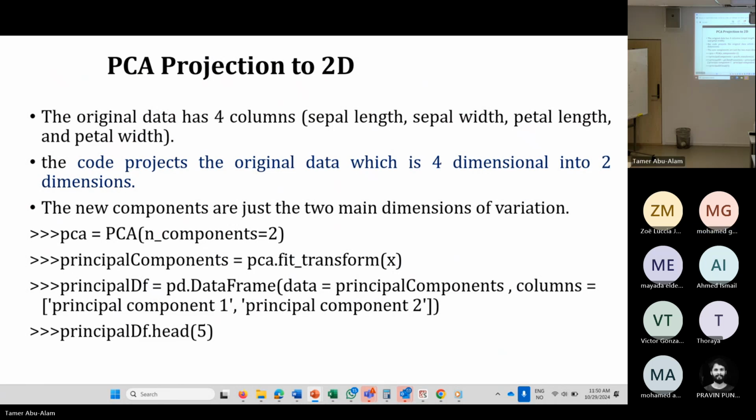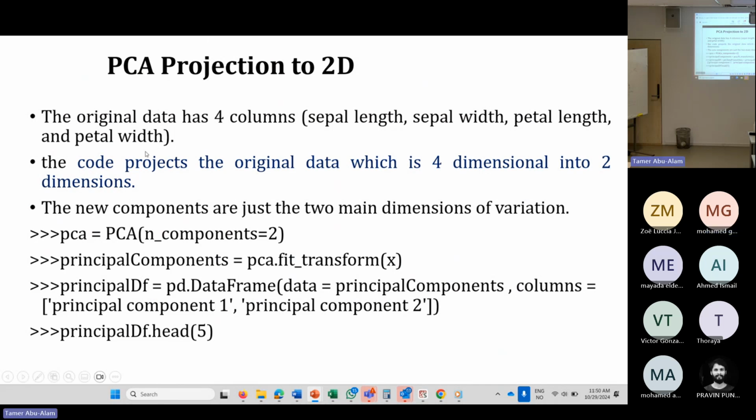Then it's very easy. How many data, how many variables do we have? It's 4 variables: length, width, and width again. So how many principal components can we get? 4. Good.